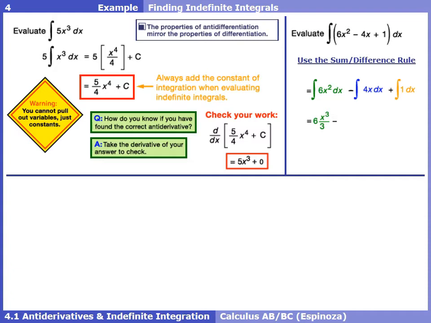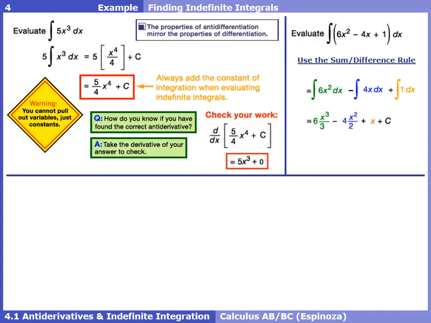So when we apply the power rule to 6x squared, it becomes 6x cubed divided by 3. When we apply the power rule to 4x, it becomes 4x squared over 2. And when we take the integral or find the antiderivative of 1, you've got to be careful here. It's not 0. When you find the integral of a constant, it's the constant times x. So it will be 1x, and then again, don't forget that plus c at the end.